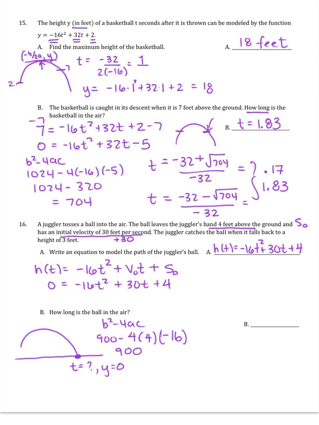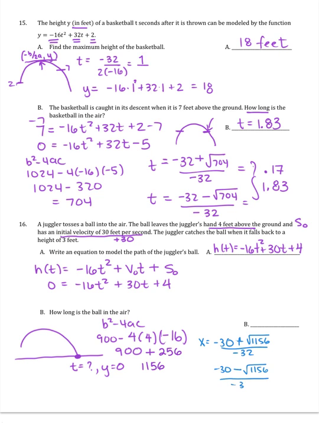So that's going to give you 900 plus 256, which equals 1156. All right, so now let's do our quadratic formula. So we have x equals negative 30 plus, and then negative 30 minus the square root of 1156 all over 2 times a, which is negative 32.